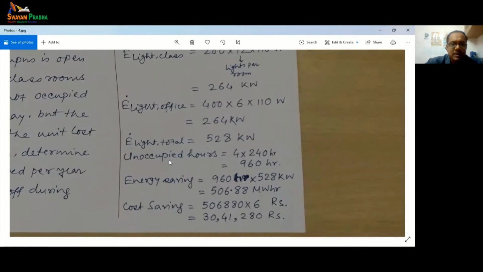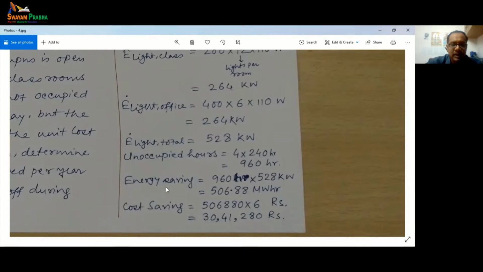Now it is given that every working day, the average unoccupied hours are 4, and you have 240 working days a year. So the unoccupied hours during the working days are 960 hours. You can save 528 kilowatt for 960 hours.